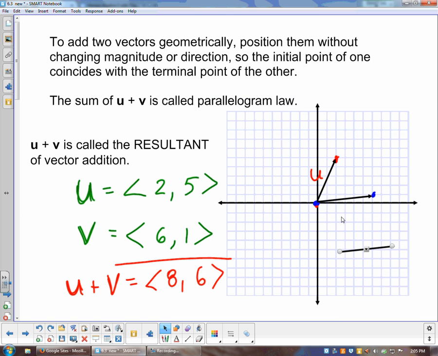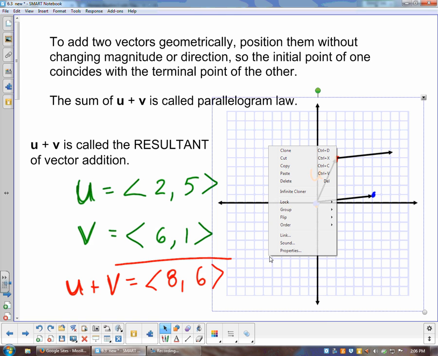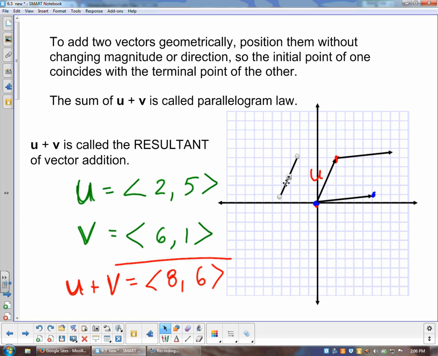That's that same vector, right? That's my vector v, but I can take it and put it right here so its initial point is at the terminal point of vector u. All right, if I do that, then when I close this up by making another copy of vector u, all right, there's my vector u.